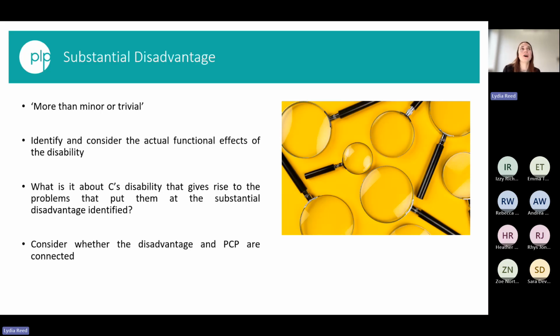So it's not enough that the claimant might be saying that they suffer from a disadvantage. It needs to be substantial, so meeting that more than minor or trivial test, and it needs to be particular to the PCP alleged. So all flowing really neatly as links in that chain.